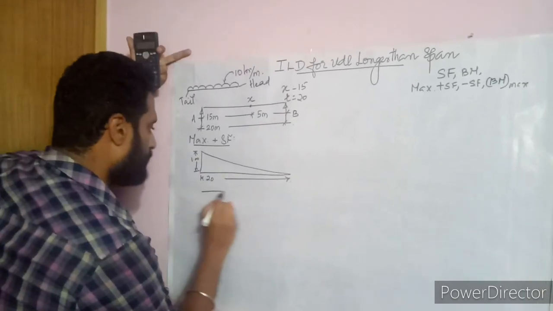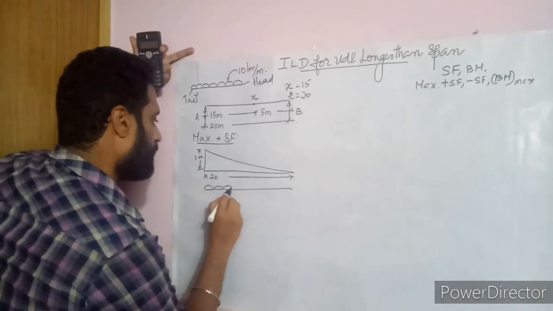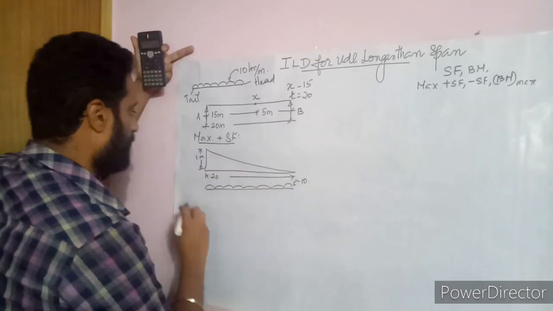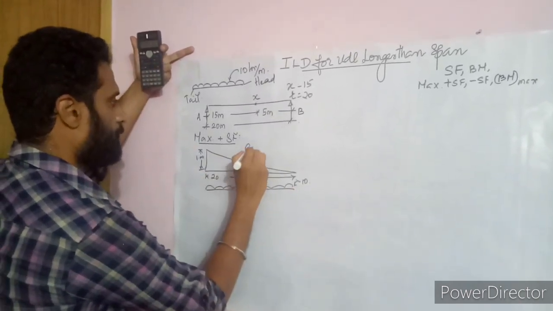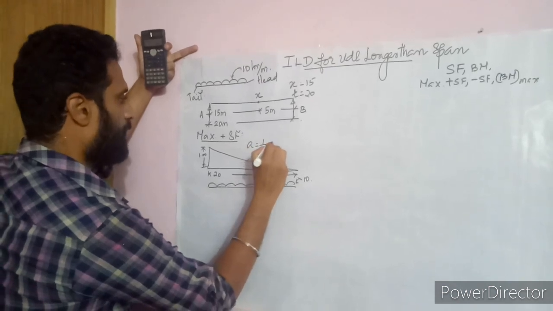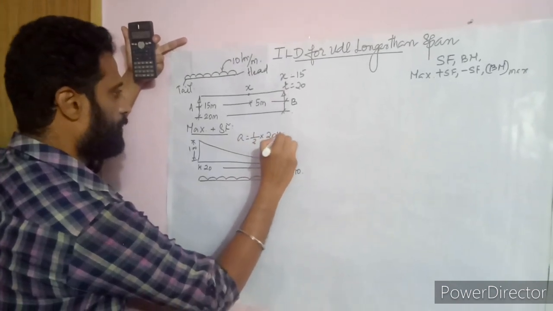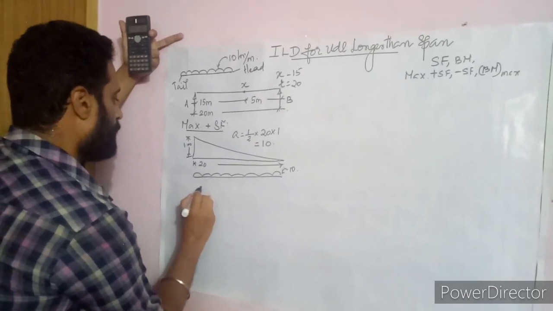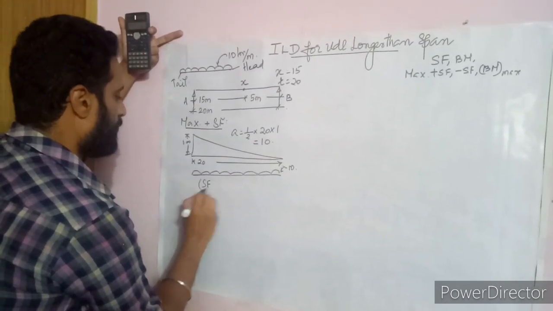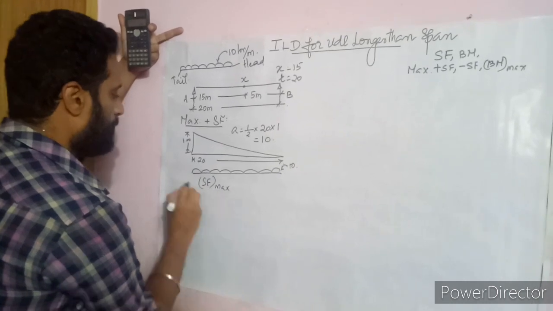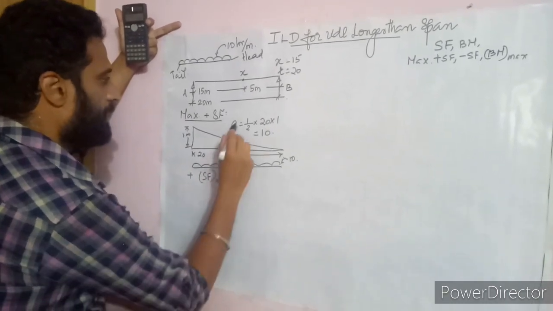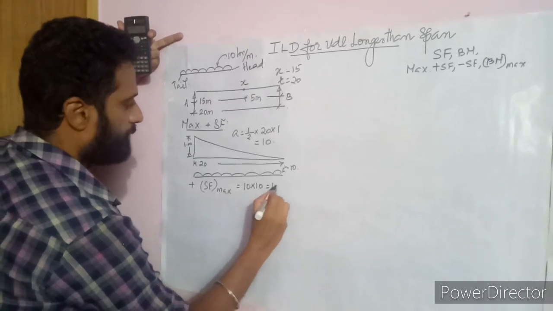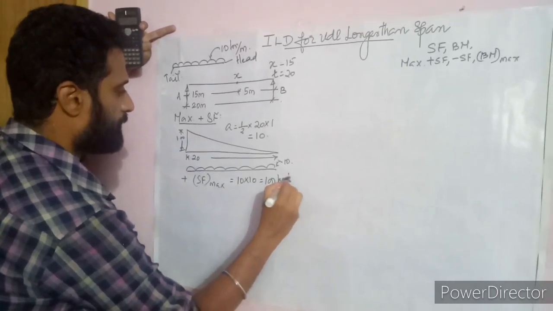So we need to superimpose the load here, which is 10. The area is half base into height, half into 20 into 1, which is 10. So the maximum positive shear force is area into intensity. The area is 10 and the intensity is also 10, which is 100 kilonewtons.